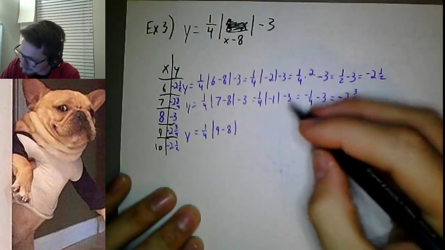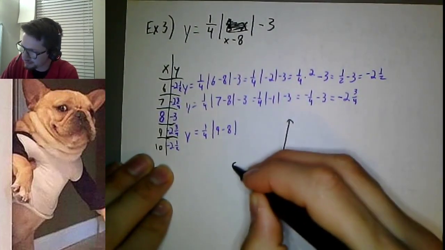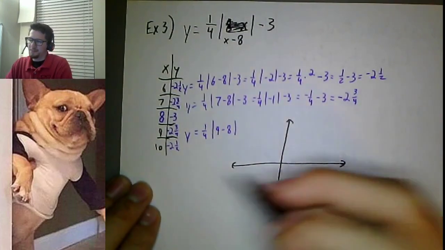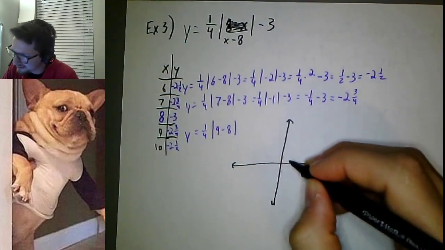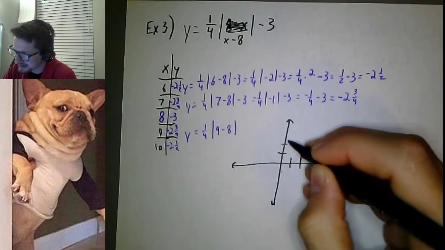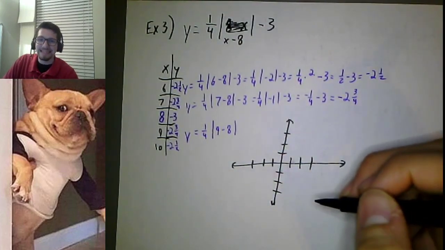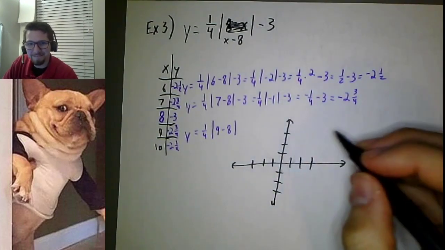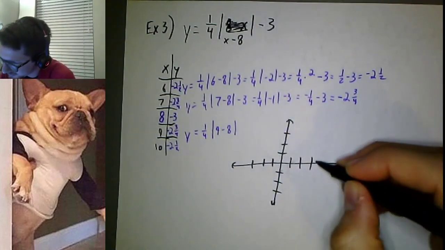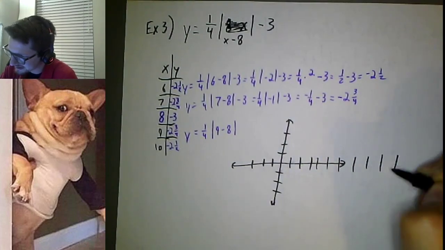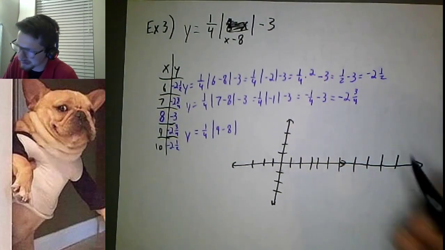I'm not about that. So, on our big old graph, these are so close together that I'm going to leave myself a lot of room between the lines to see where I'm going. So, first point. Well, I kind of have to go out farther. 4, 5, 6, 7, 8, 9, 10. Okay.